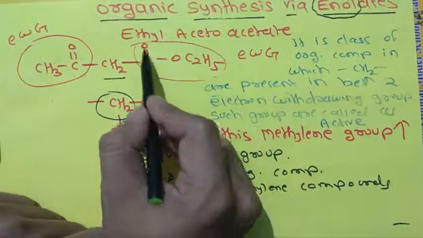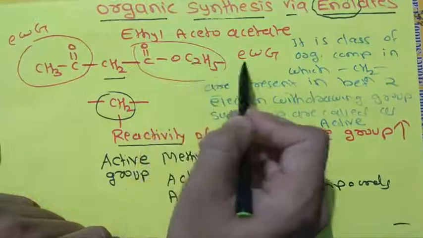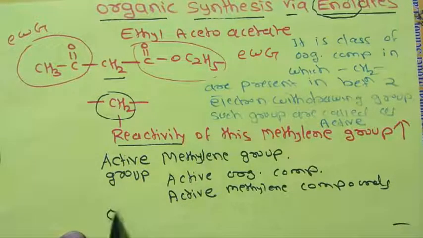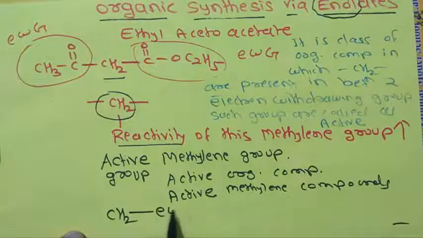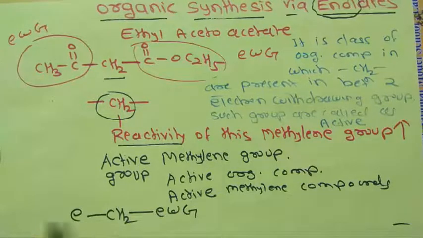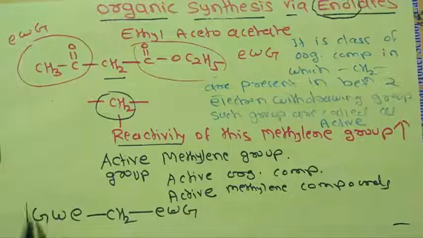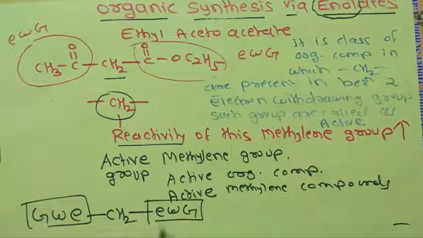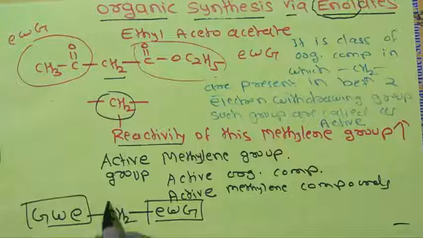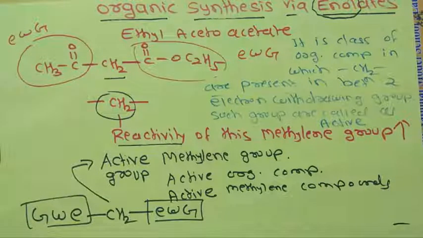Then C double bond O, OC2H5 is the second electron withdrawing group. Two electron withdrawing groups are attached to the methylene group, and that's why it is called an active methylene group.